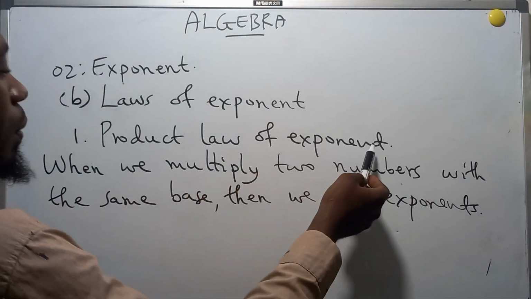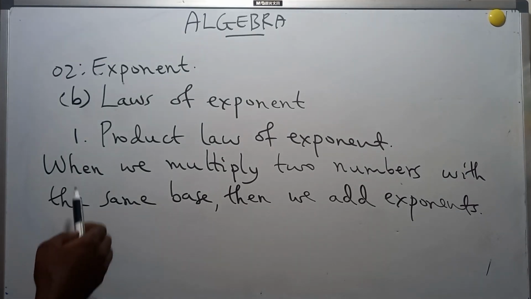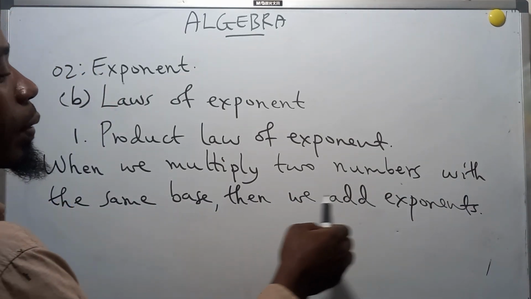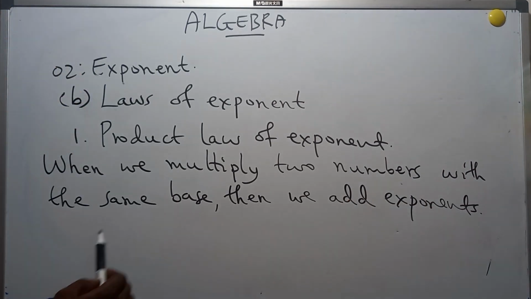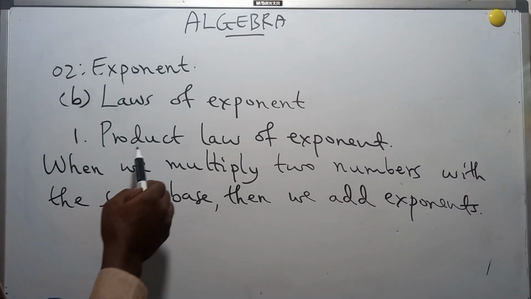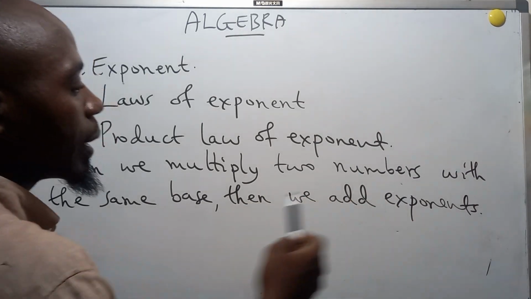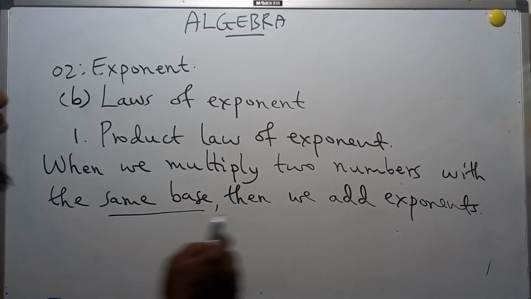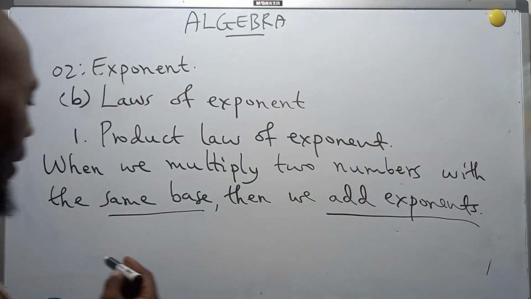For this law to be valid, two numbers must have the same base in order to add exponents.